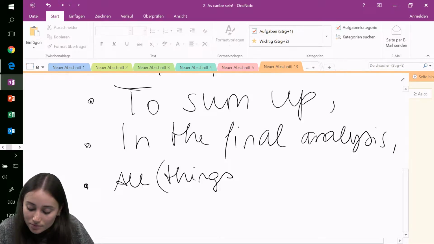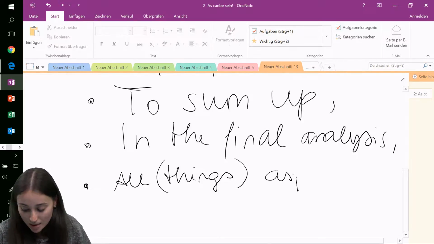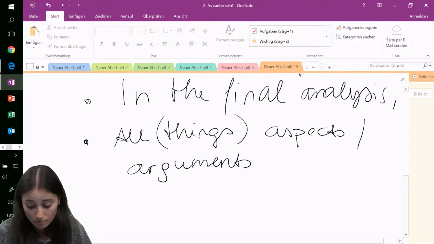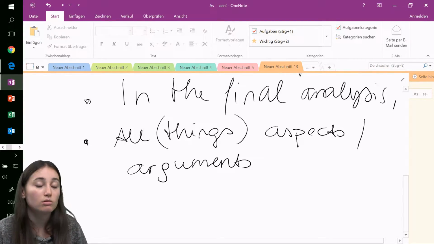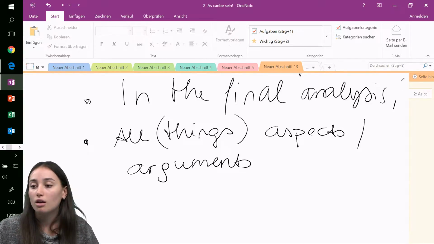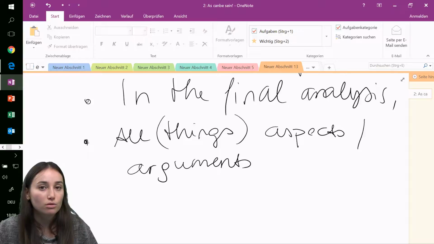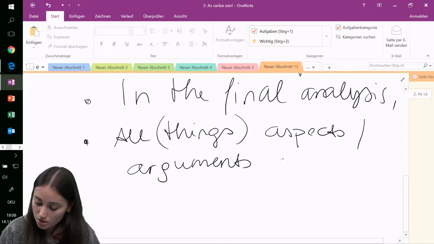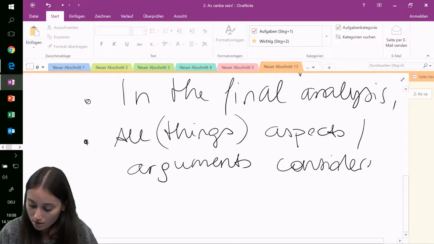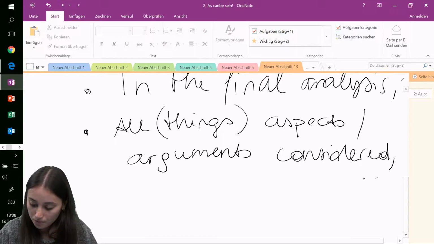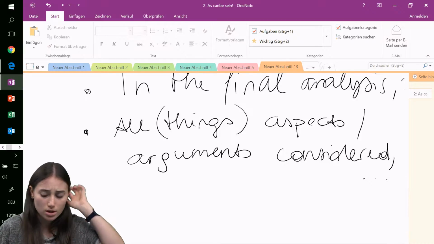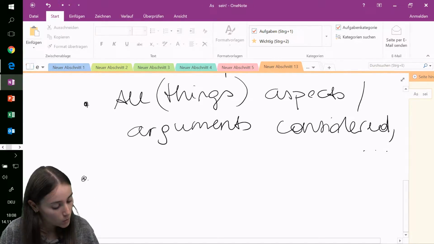All things, I would rather say aspects or arguments, because you know, things is very basic level, and in the Matura we try to speak an advanced level of English, B2. Aspects, arguments considered. So you can use either aspects or arguments, try to not use things that often. Okay.